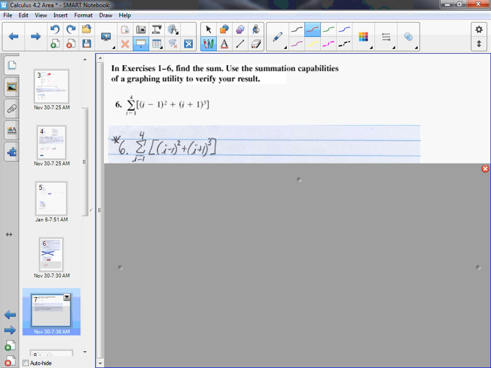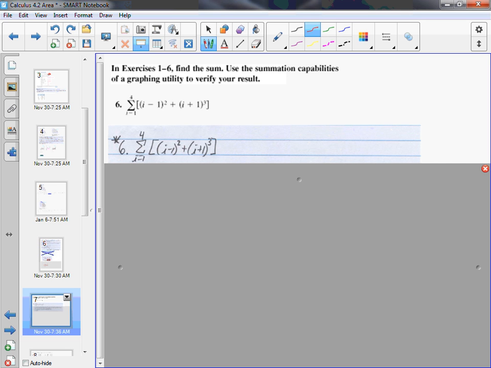Page 267, number 6. It says find the sum and then use the summation capabilities of a graphing utility to verify your result. I'm not sure I would do that. Find the sum. So we've got the sum from i equals 1 to 4 of this horrible looking thing: i minus 1 quantity squared plus i plus 1 quantity cubed.